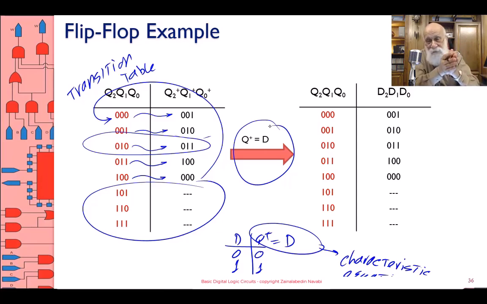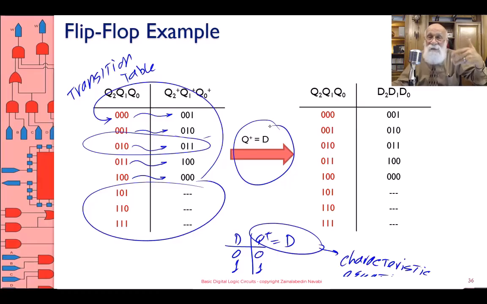See, Q plus is D. What it means is, if you want 0, 1, 1 on the output after the clock, put 0, 1, 1 on the D inputs, and then clock it, that becomes your output. As simple as that, right?